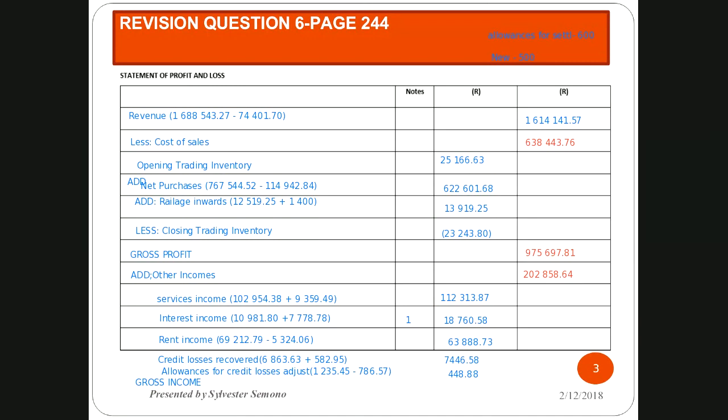I'm going to find it from my side just to check if we have got the same figures. We're going to have 975,697.81 plus 202,858.64. I got 1,178,556.45. Let's see if we got the same figure.